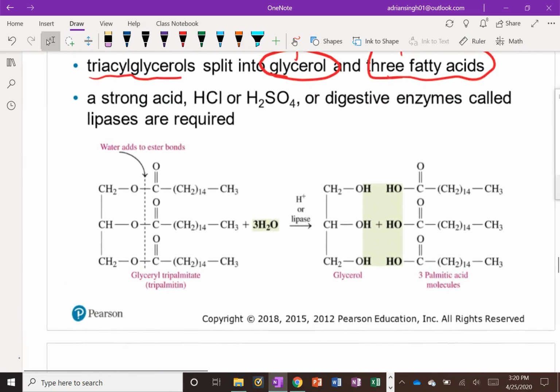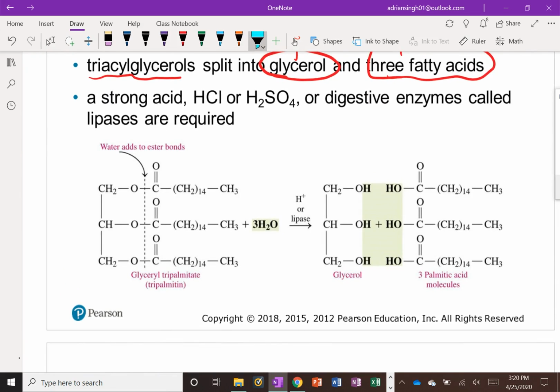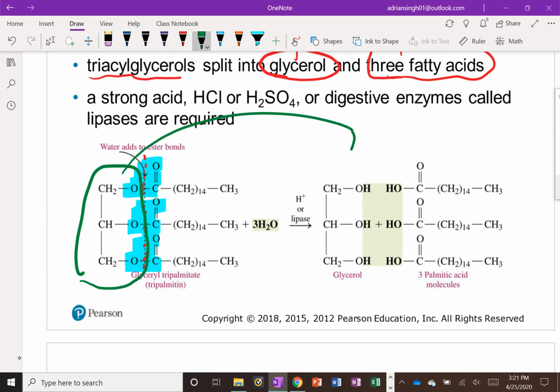So if we look here again at our triglyceride, we can identify where our ester bond is in each case. And just like we've seen before, we were able to split those ester bonds right after the carbonyl in each case. And we end up now on the left side with the alcohol portion, which is going to be our glycerol.